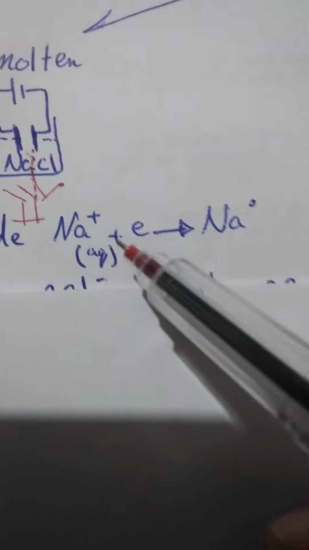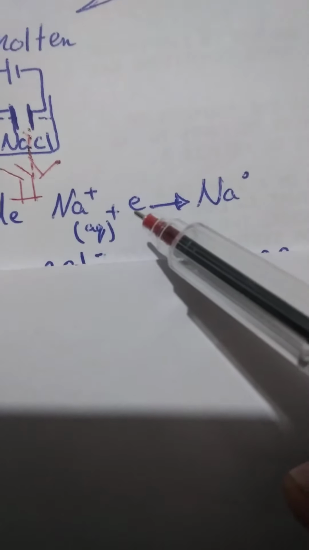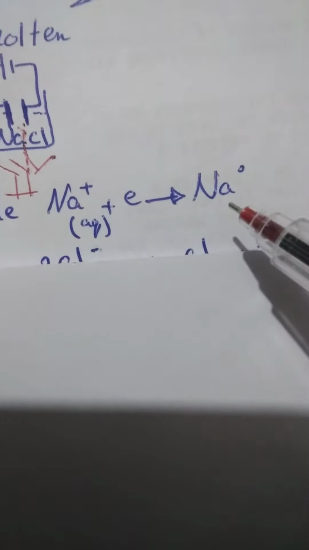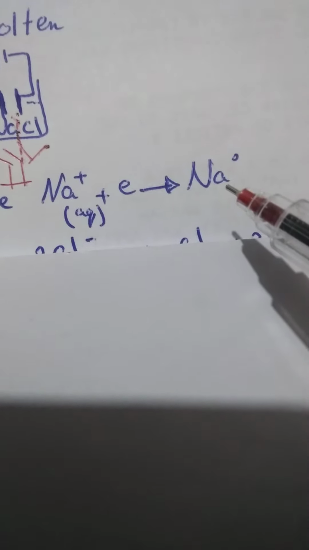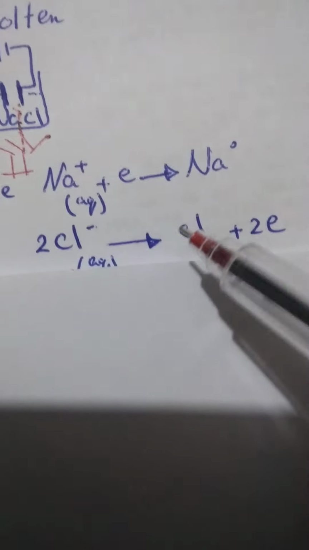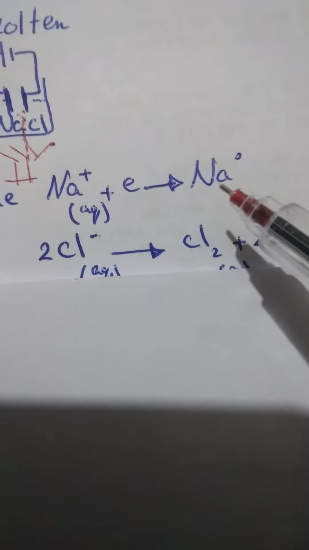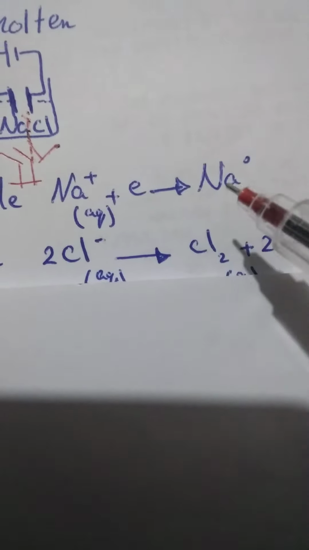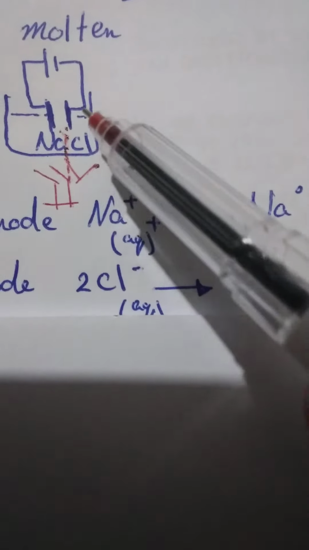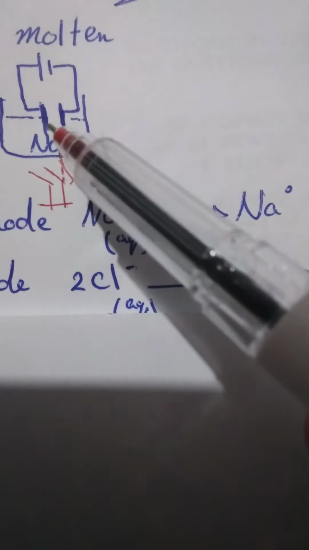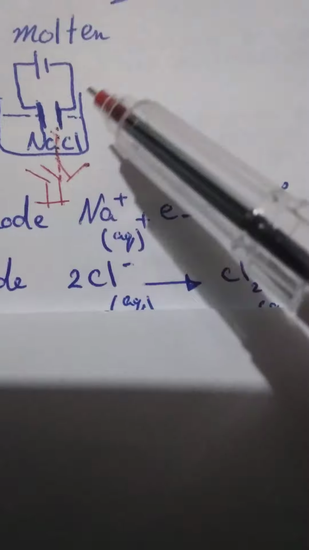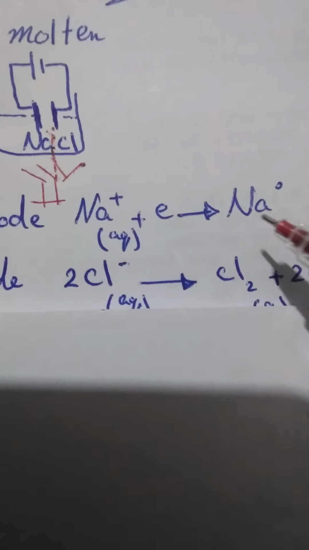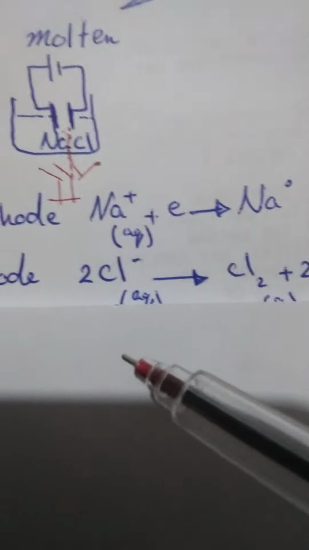Sodium will gain one electron to discharge itself at the cathode and form sodium metal in the form of silver spots. Of course these spots will just sink to the bottom of the container or beaker. Why? Because we are using a flame here, so it will be molten sodium metal.